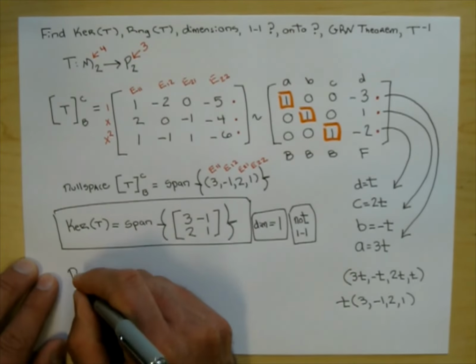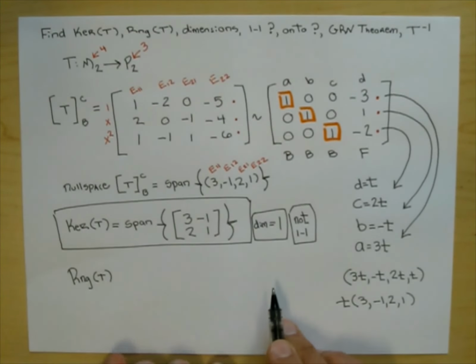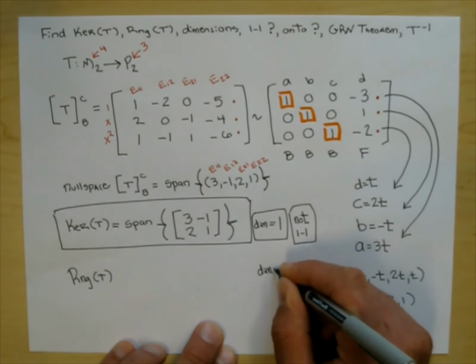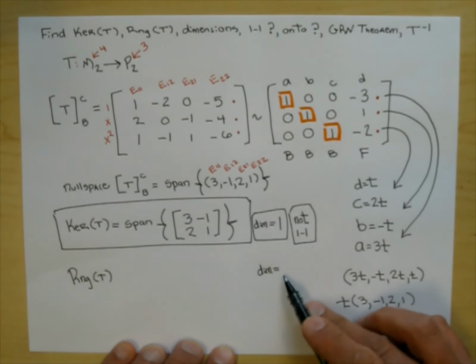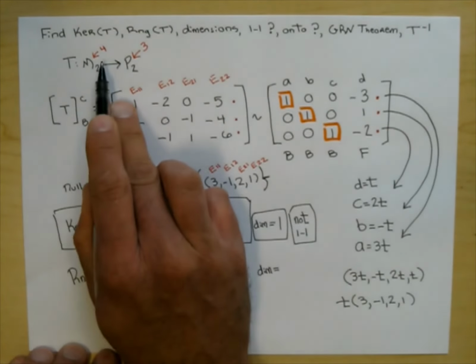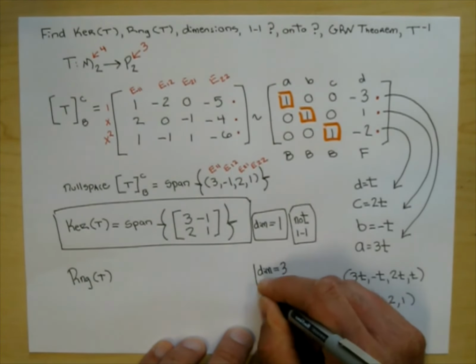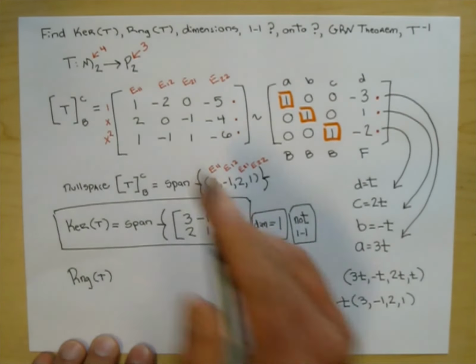Now the range. I'm going to use the general rank nullity theorem, and I'm going to figure out what the dimension of the range is before I actually do it. The dimension of the range, well, these dimensions have to add up to 4. So the dimension of the range has to be 3. 1 plus 3 equals 4.